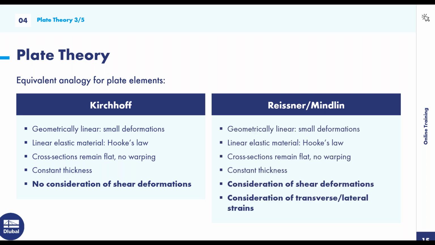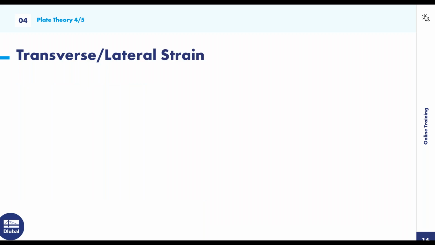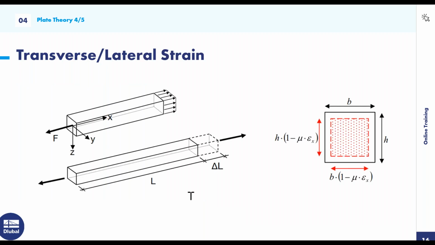Now, for the Reissner-Mindlin theory, we're assuming all of the same assumptions, and as you may have guessed by now, for this theory the shear deformations are considered, and also we're taking into consideration transverse or lateral strains. What I mean by transverse or lateral strains is, if we look at this diagram here, you can see we have a beam, and with this beam we have tension forces.